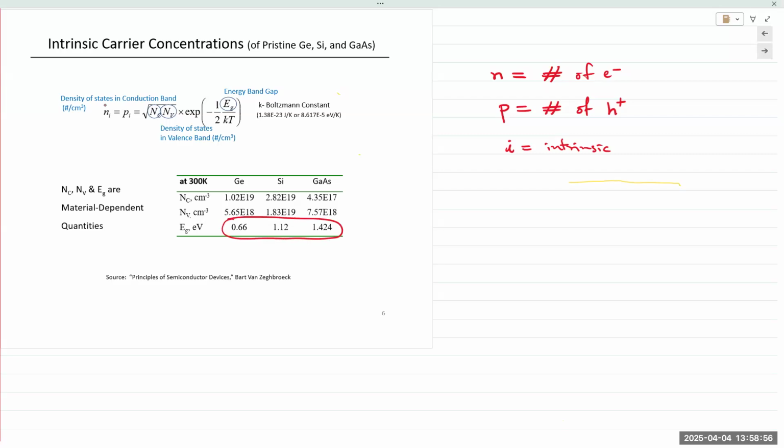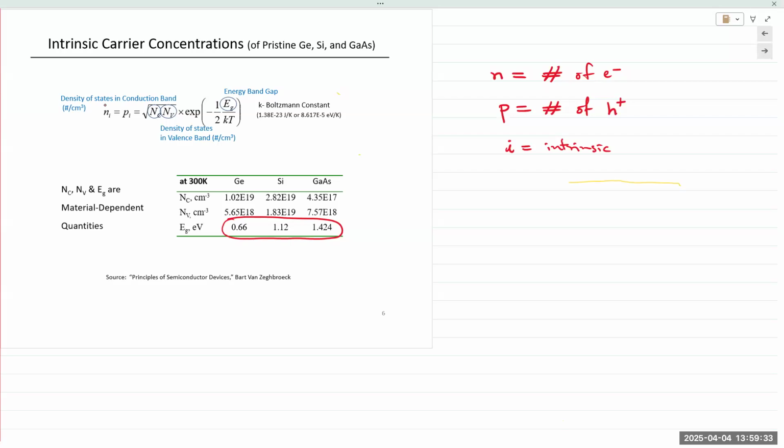The Nc and Nv are the density of states. Recall just a few minutes ago, I stated that electrons cannot exist anywhere. They have to occupy a certain energy level. Those energy levels are quantized, they are fixed, and each one of them is known as a state. The number of states in a cubic volume of 1 centimeter cube is known as the density of states.